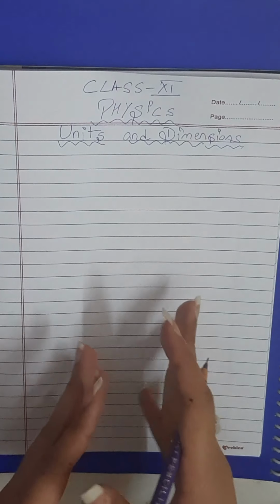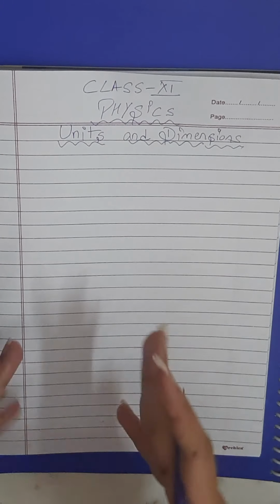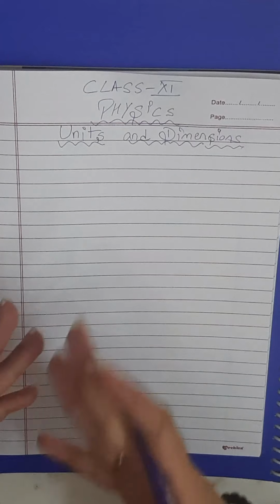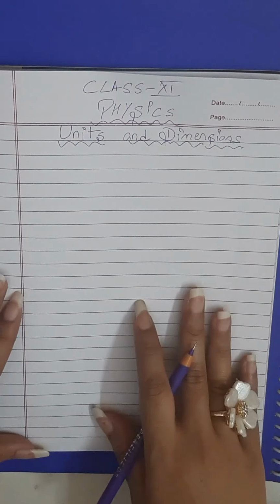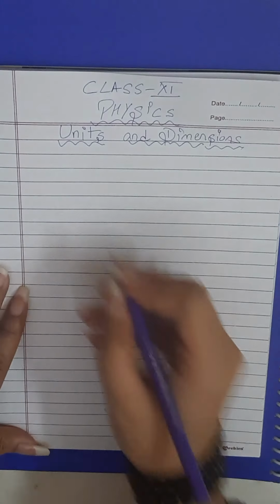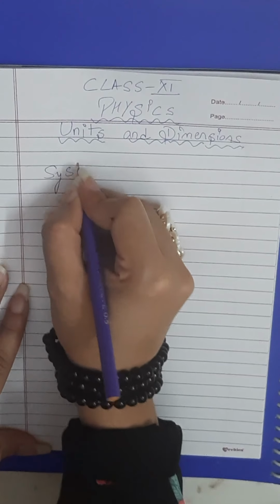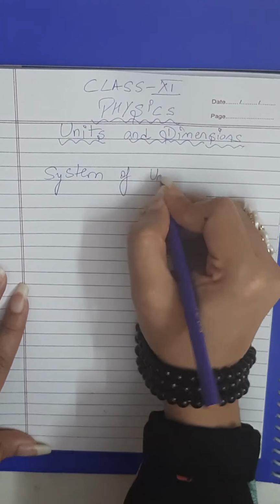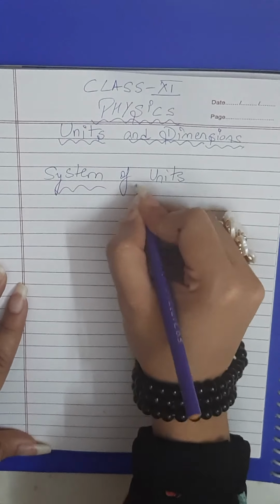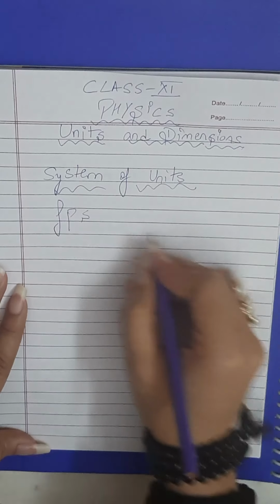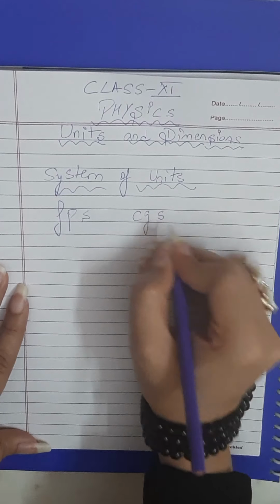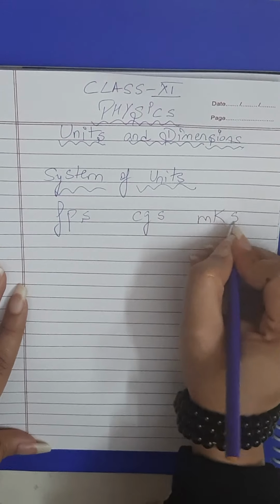Now, in this particular chapter, you will be learning the various concepts which are related to units as well as which are related to dimensions. Now, there have been many systems of units. Initially used systems were FPS, CGS and MKS.